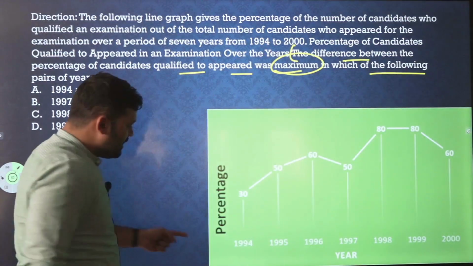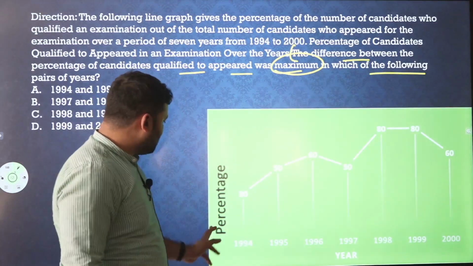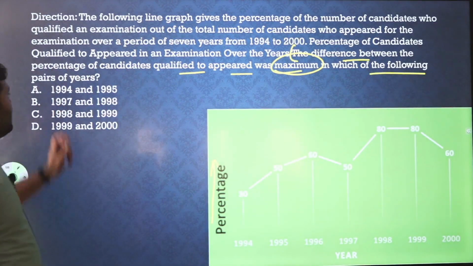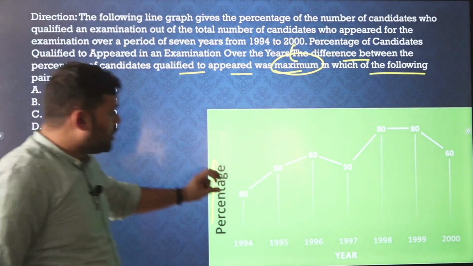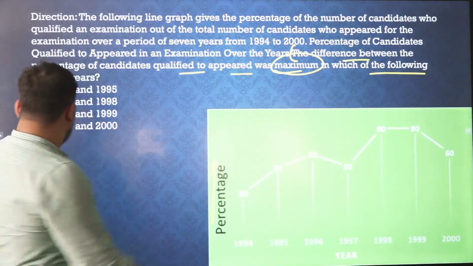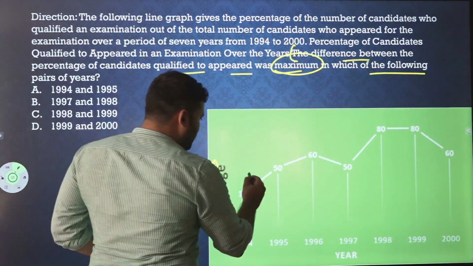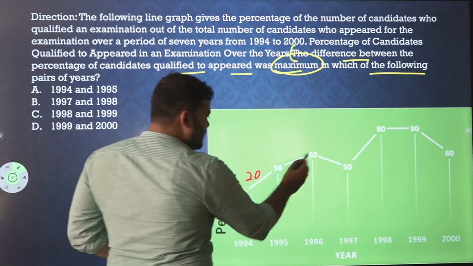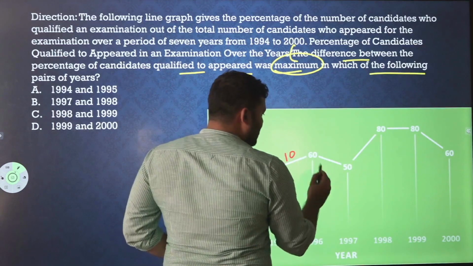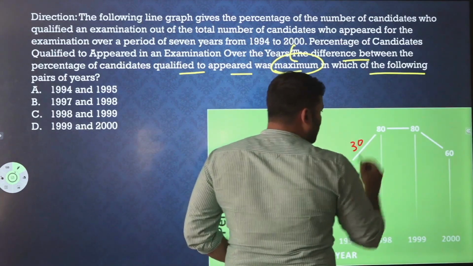Here you see the years from 1994 to 2000, and this is the percentage. The question is, the difference between which two of them is maximum. The difference between 30 and 50 is 20. Between 60 and 50 is 10, then minus 10, and between 50 and 80 it is going to be 30.